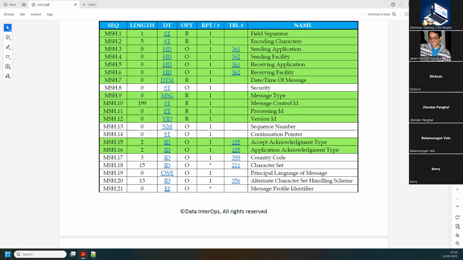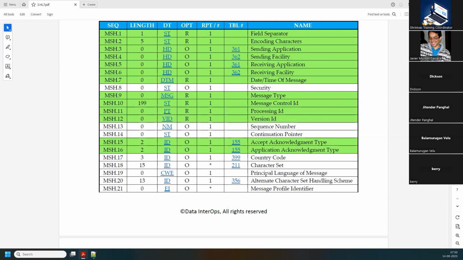So by sending some value in MSH 15 and 16, the sending system is dictating to the destination system when they need the acknowledgement. If you are sending a value in MSH 15 saying that I always need acknowledgement, for example, then you are telling the destination system that for every message that I am sending you, please send me an acknowledgement.